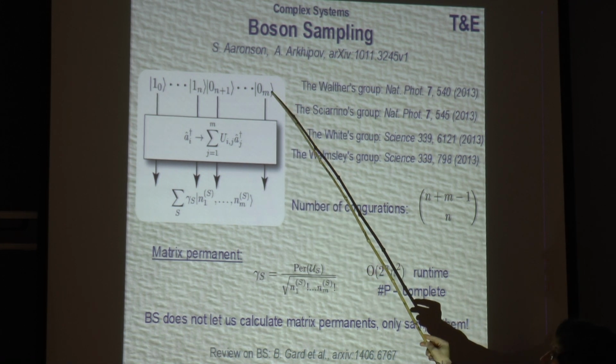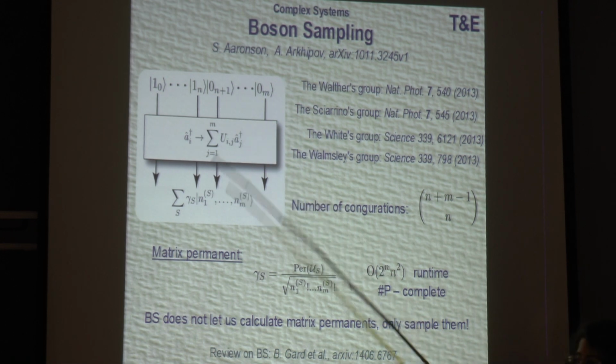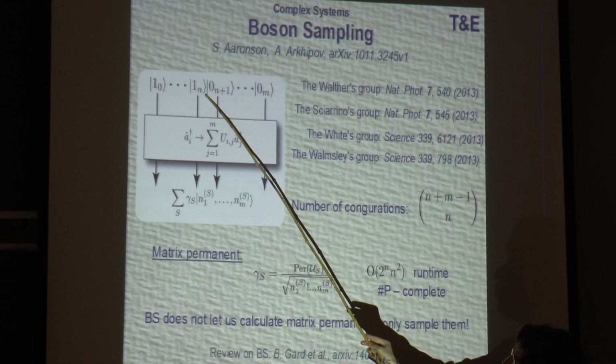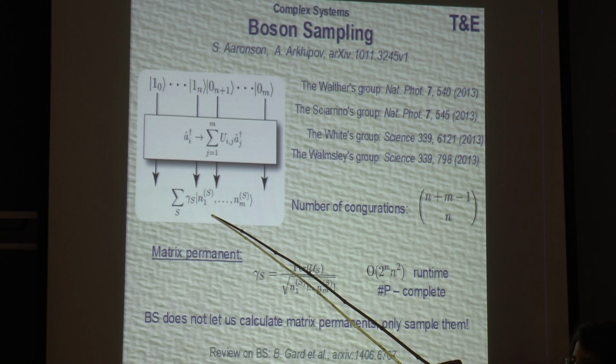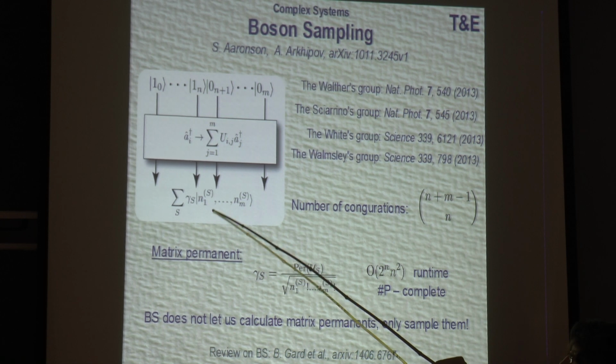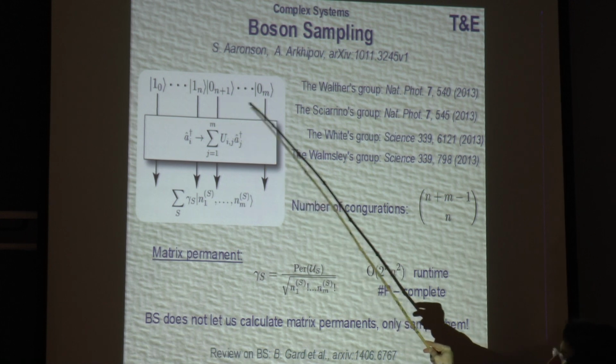We have m input modes, say 100, and only n out of them are seeded with a single photon, where n is small compared to m, say 10. 10 photons, 100 input modes. We let them interfere, for example, through the Hong-Ou-Mandel effect. The outcoming superposition is completely intractable if the number of modes is roughly 30.